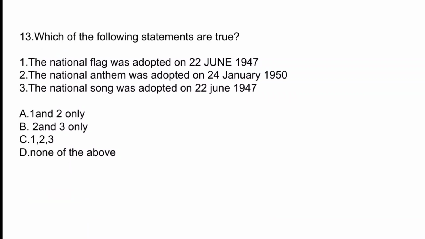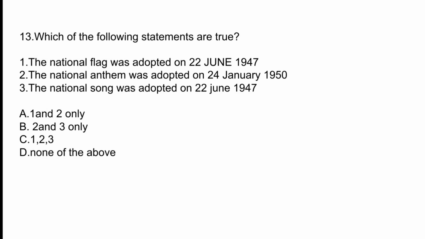Which of the following statements are true? The national flag was adopted on 22nd July 1947. The national anthem was adopted on 24 January 1950, and the national song was adopted on 22nd June 1947. You can pause the video and tick the correct answer.